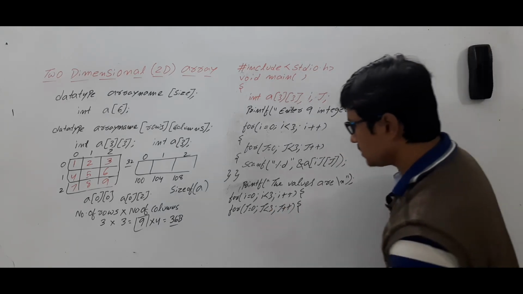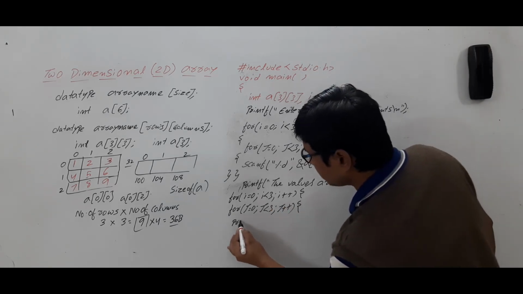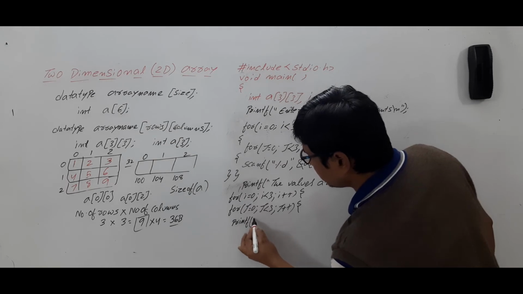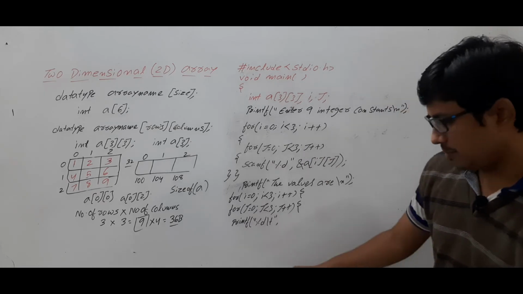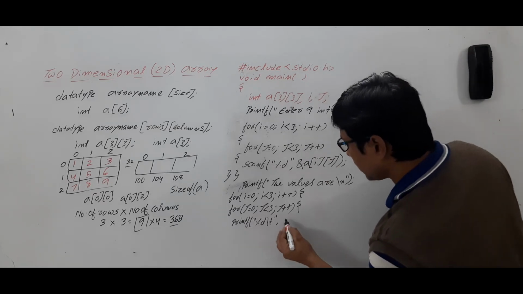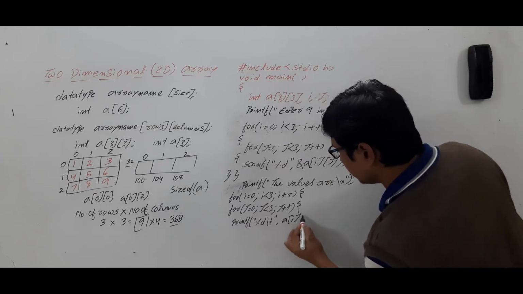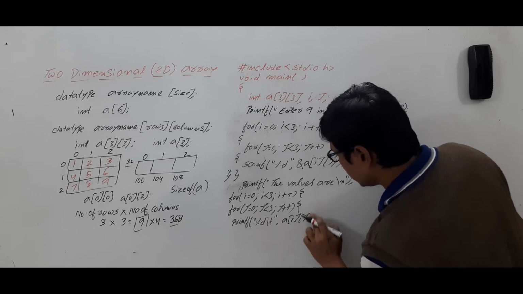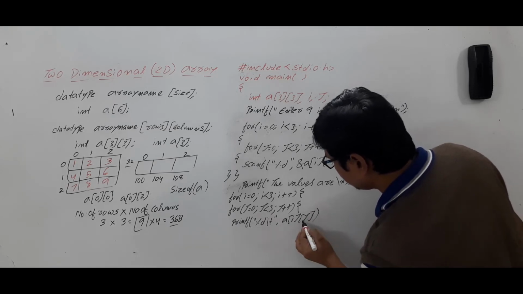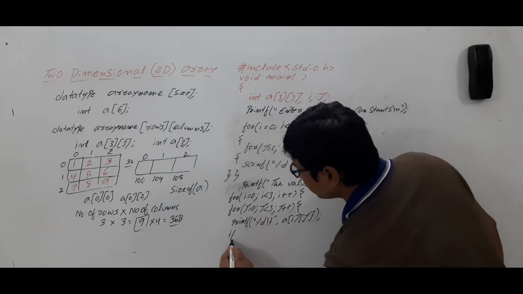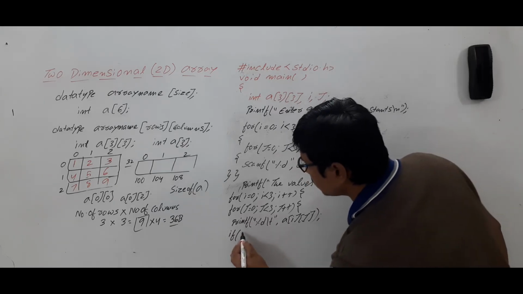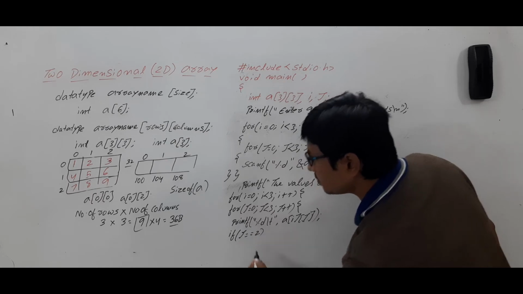Is it clear? printf %d \t, I am giving a tab space, and then a of i, a of j. Is it clear? Then I am checking if j is equal to 2.